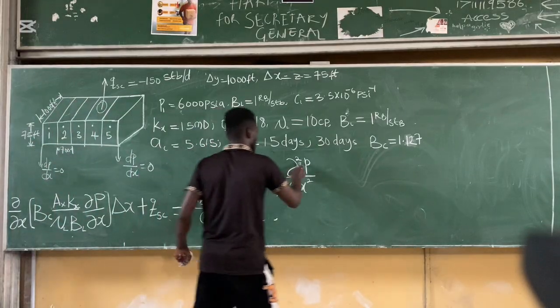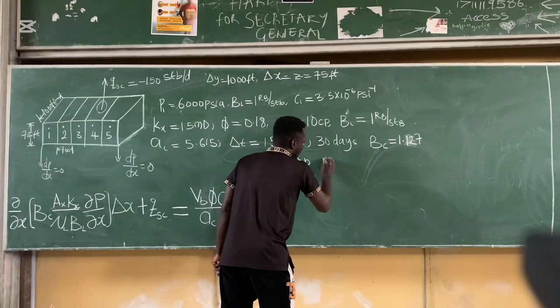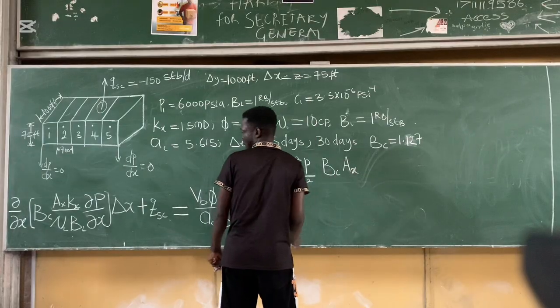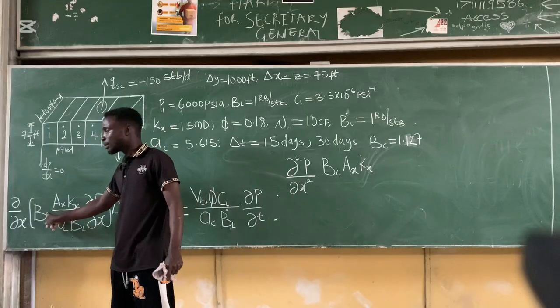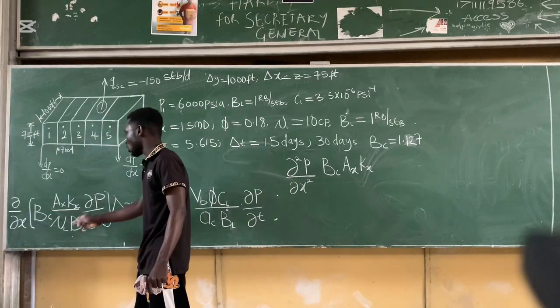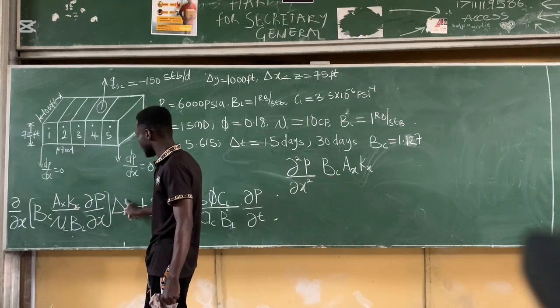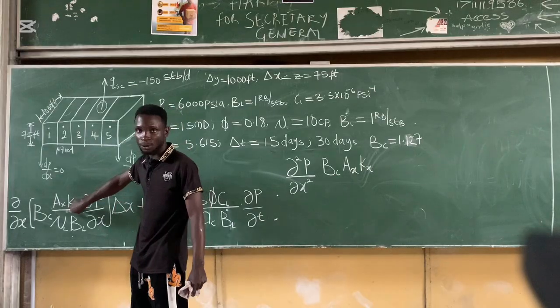So this will give us d squared P over dx squared multiplied by Bc Ax kx. Remember that the Bc is here. Since it's here, it's multiplying this, but we can simply put it at the numerator. And since delta x is here, it's also multiplying this, so we can simply put delta x at the numerator.